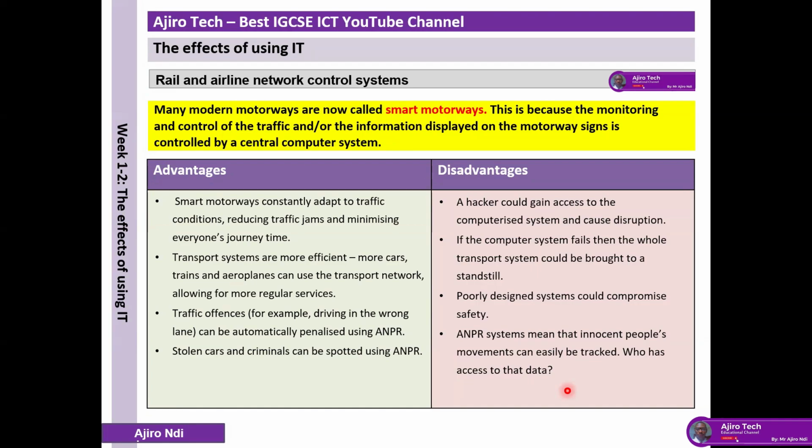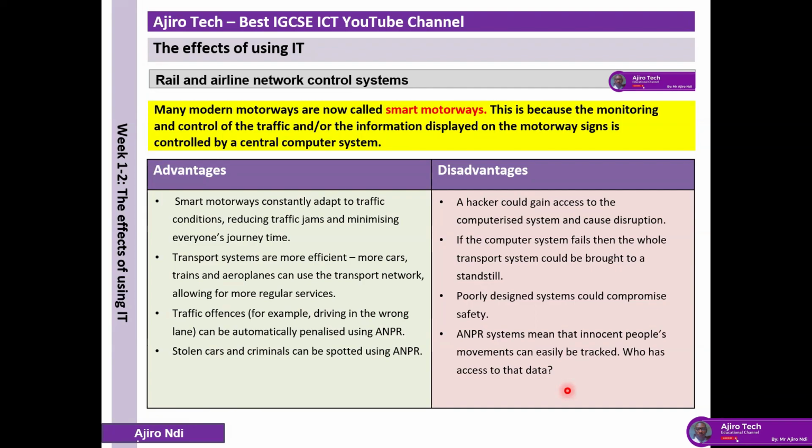Please also know that a poorly designed system could compromise safety. If the system is not designed properly, if there's no tight security measure in place, one can only imagine what will happen. So it's important that it is designed properly.